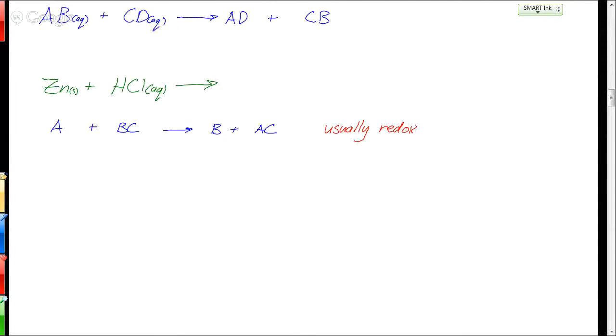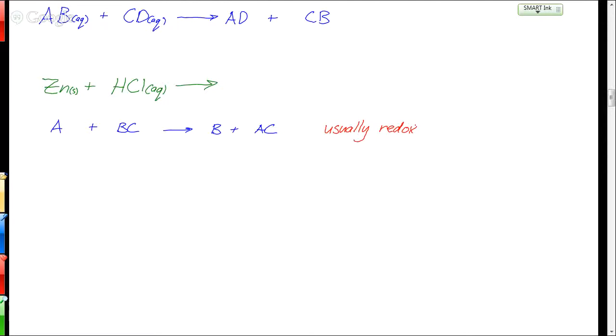Anybody feel good about what they are? No? Okay. Well, first technique is use your experience. You all did this reaction or one very similar to it last week. So what happened? Anybody remember? What happened when you dropped zinc in an acid?